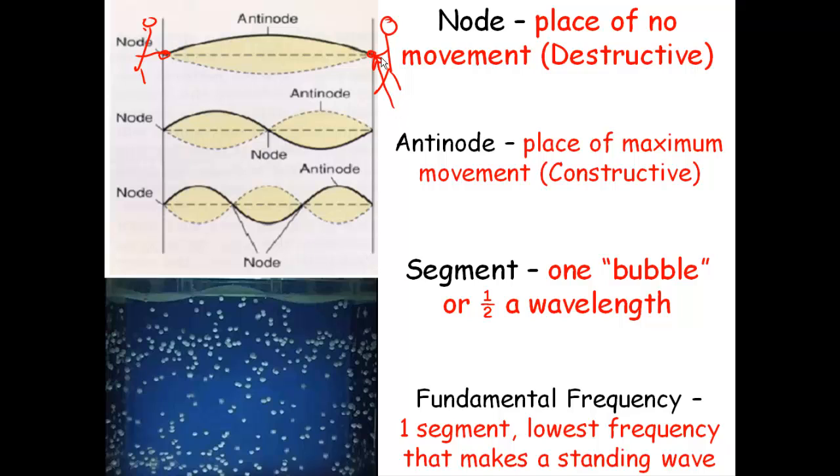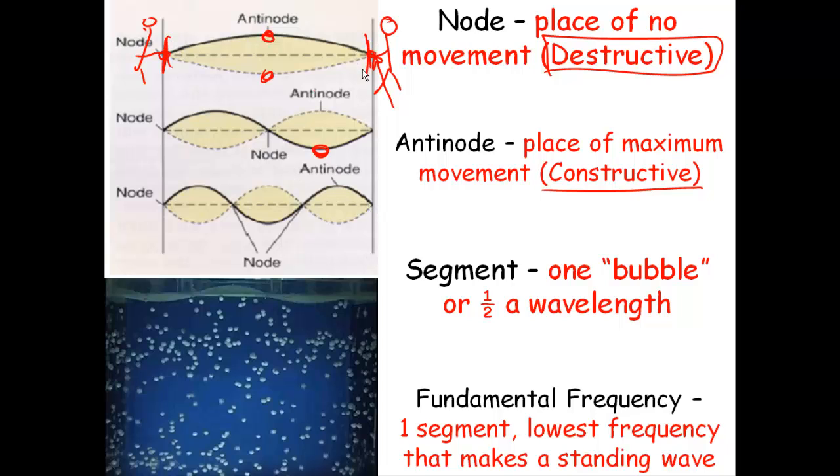It turns out the place where you're holding on to really doesn't move much, and in fact, in a perfect system, it wouldn't move at all. We would call that a node. And nodes is where there's destructive interference. The other parts that go up and down, the rope is sometimes down here, or it's up here. Those are called antinodes. And that's the maximum movement, or constructive.